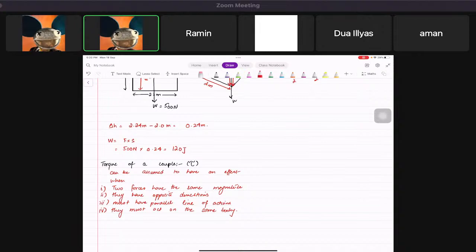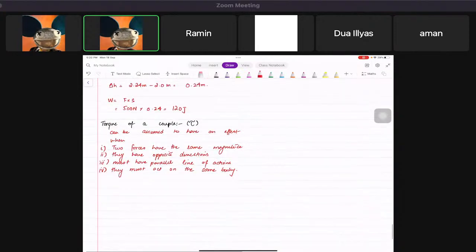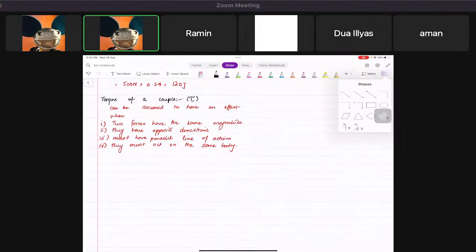Now, suppose there is an object, right? Like this. What torque of a couple is, is that a force is acting upwards in this direction and downwards from this direction, and they have the same magnitude.